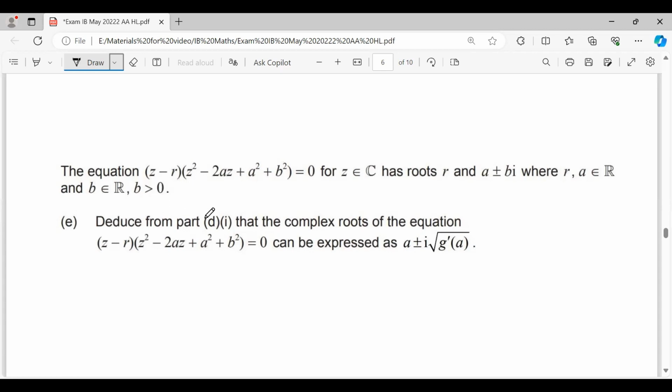So deduce from part one that the complex roots of this equation can be expressed as these expressions.